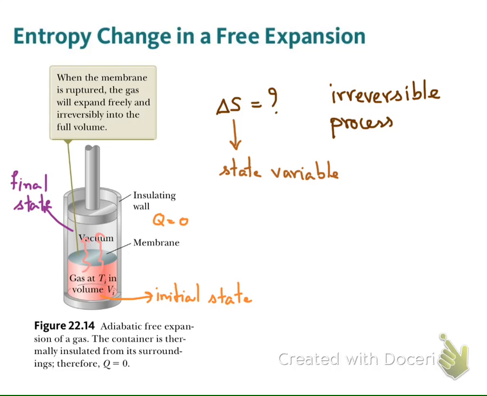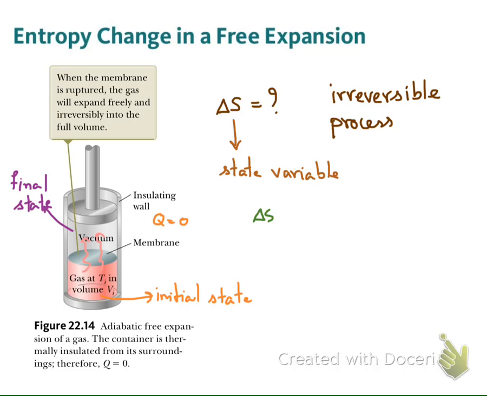So in this situation, we can calculate the entropy change by finding a reversible process that brings the system from this initial state to the final state. And in this example, we choose the isothermal expansion. Why do we choose the isothermal expansion?